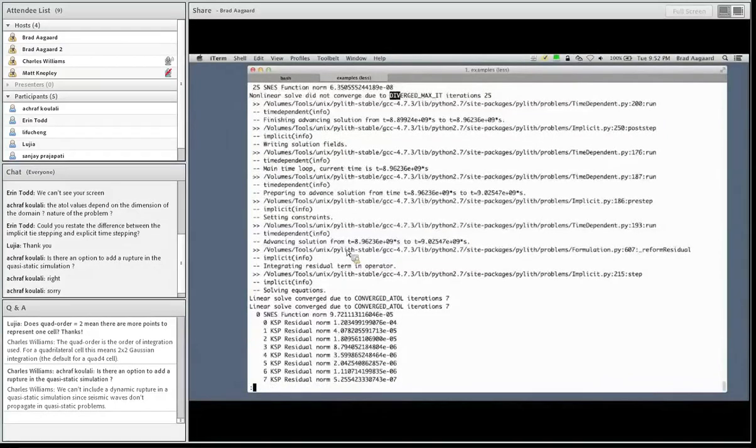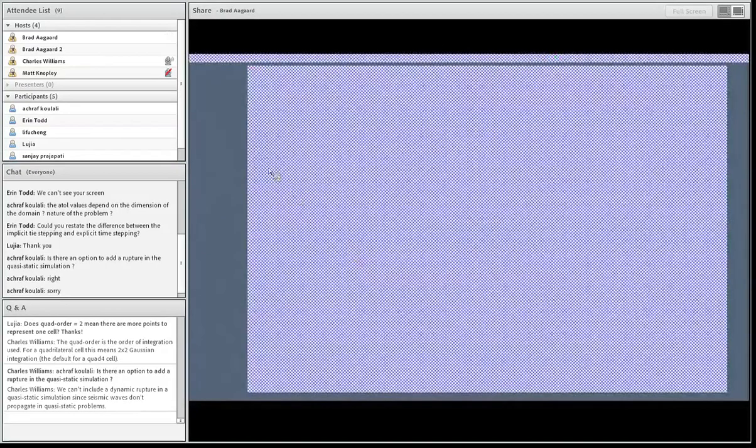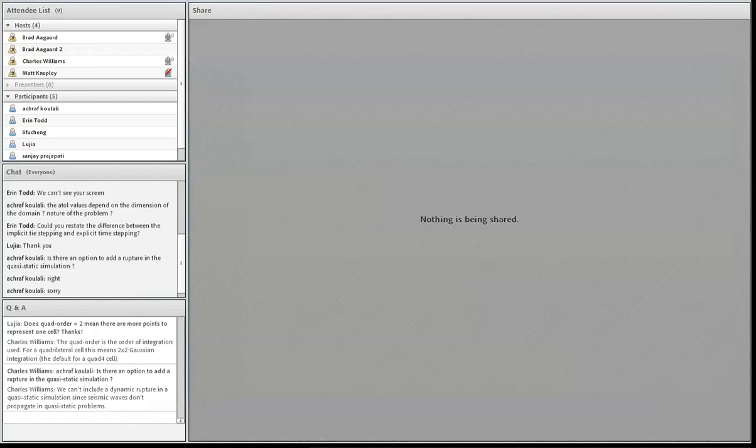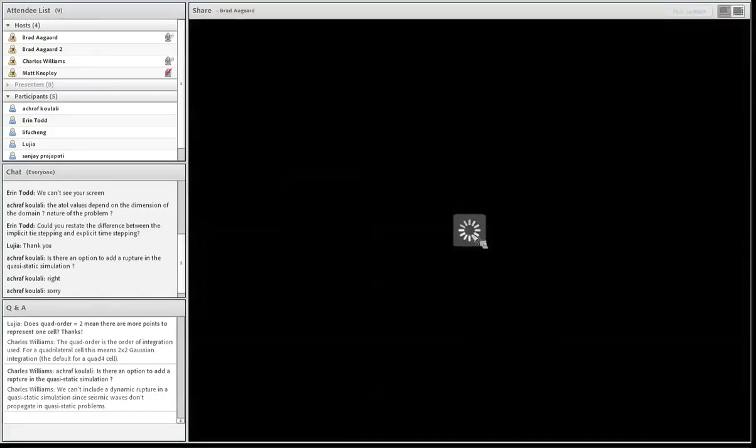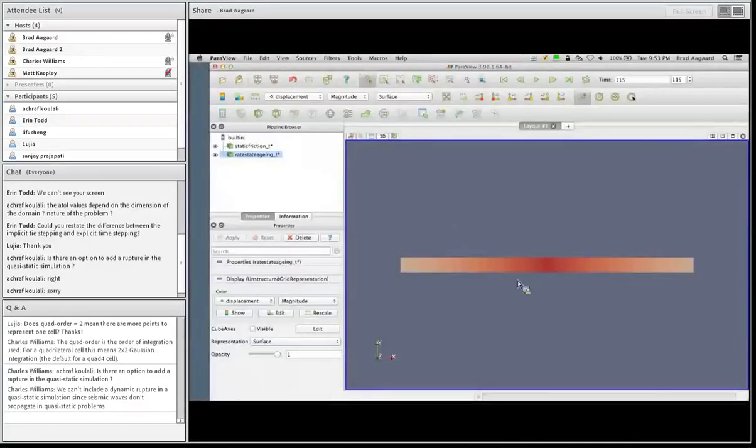If I was looking at this, I would say, well, if I only care about deformation that's significantly larger than 10 to the minus 6, maybe I'm okay. But let's look at what the solution looks like. We probably have stick-slip behavior because we saw we were getting down to single iterations after we diverged.